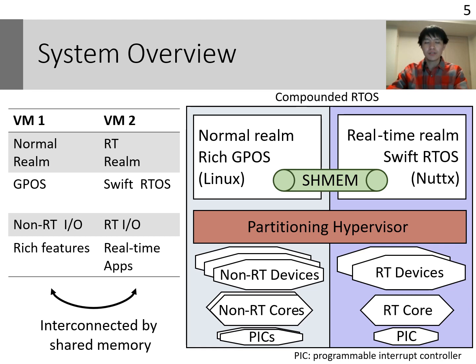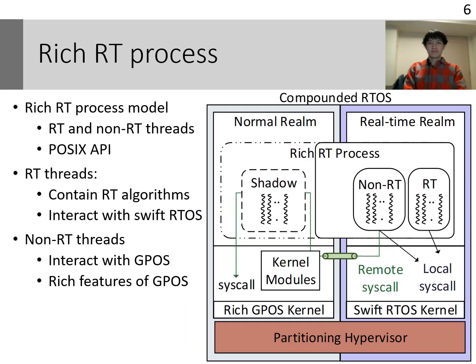These two virtual machines create two realms. One is the normal realm, another is the real-time realm. The normal realm runs the general-purpose operating system, and it can access the non-real-time devices and provides rich features. On the other hand, the real-time realm runs an RTOS kernel for accessing the real-time devices and executing the real-time applications. These two realms are interconnected by a shared memory.